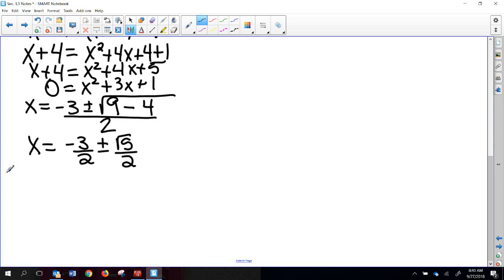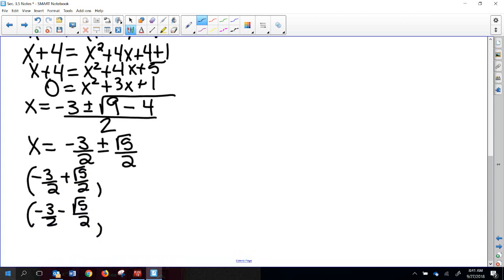But when we're finding these solutions, we have to find out what x is and what y is. So one of my x's is negative 3 over 2 plus radical 5 over 2. My other x is negative 3 over 2 minus radical 5 over 2.